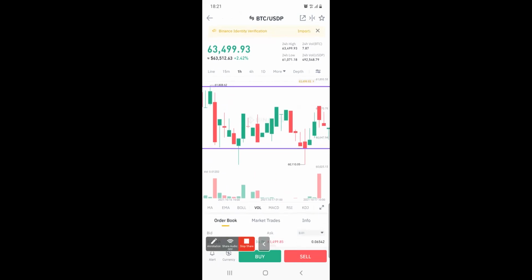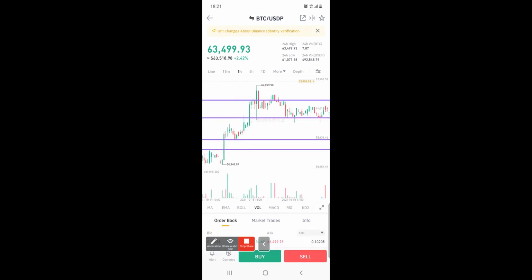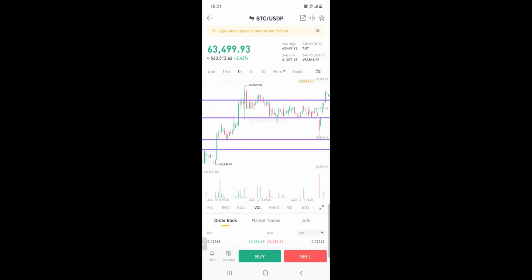This looks like it, and it played out, but let me see whether it happened at a resistance. Of course it did, because that level is also a resistance level. Even though we didn't pick it, it was a resistance level in the 1 hour time frame.